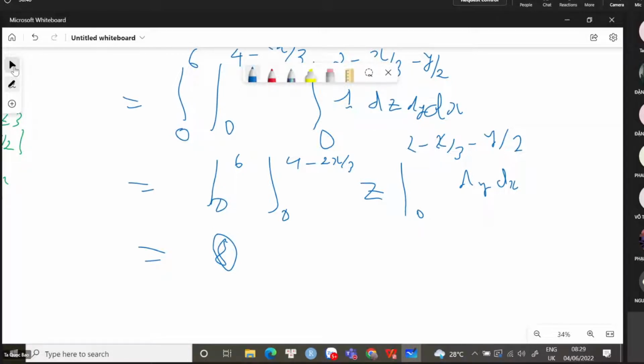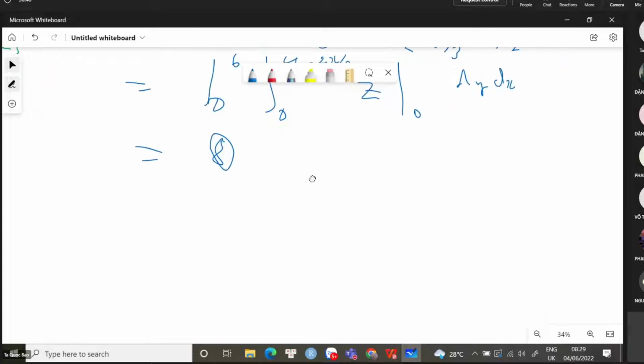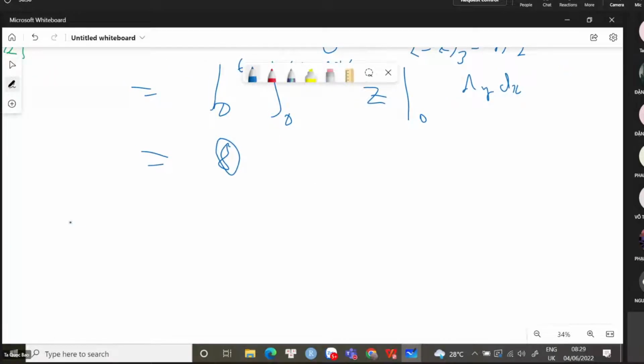Question B. Any question? Question B, when you draw the unit, it looks like this.